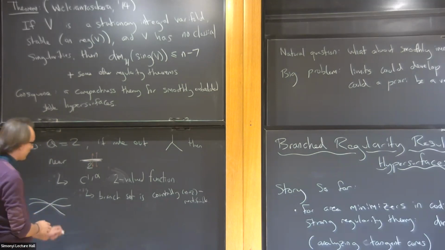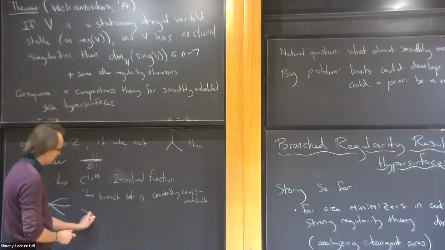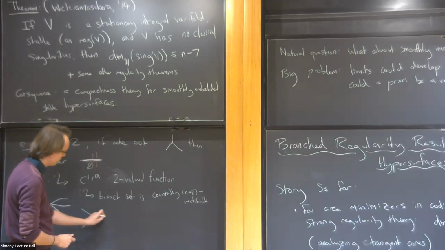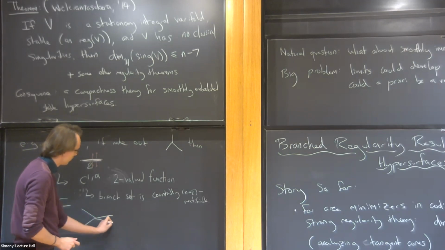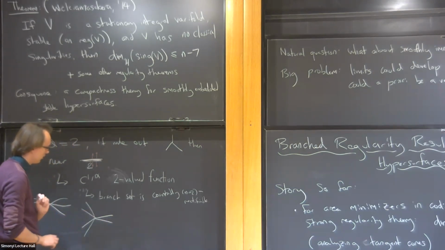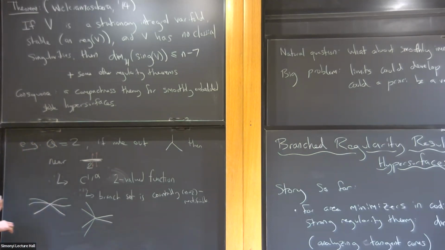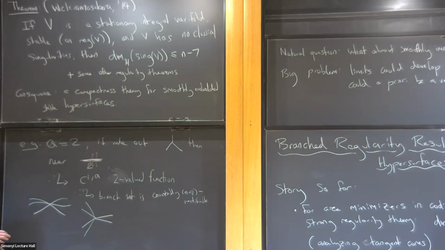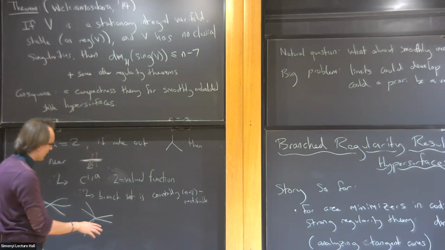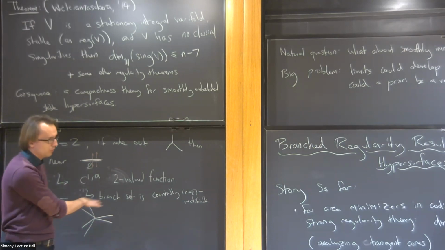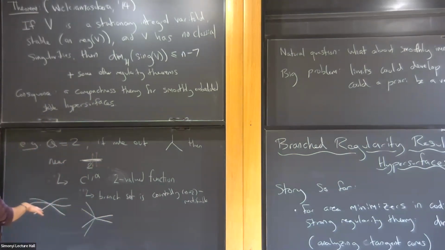So you could have a classical singularity that looks something like this. This is not an immersed classical singularity, but you still have that each of these sheets is a C1-alpha, in fact smooth, submanifold with boundary.